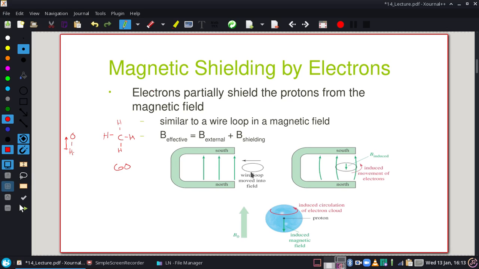They kind of create their own magnetic field. So the more electrons we have, the more shielded it gets. Well, this one, because of that electronegativity difference, this hydrogen has fewer electrons on it. It's deshielded. So we would expect its frequency to be slightly higher than 60. And I'm just going to say higher.